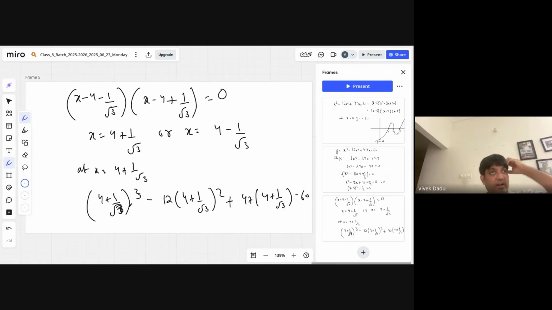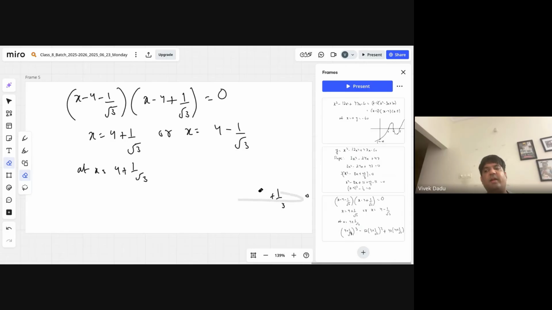Then you find the whole cube and all. It's long. But this is where actually Paramanand was quite clever last time. See what he did. He was able to find the y points very quickly.